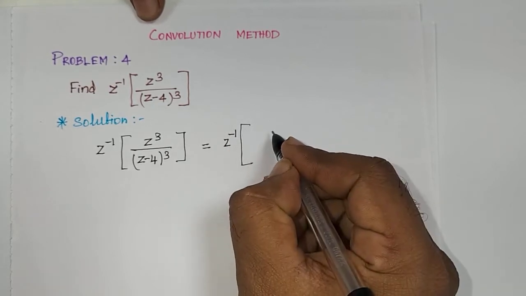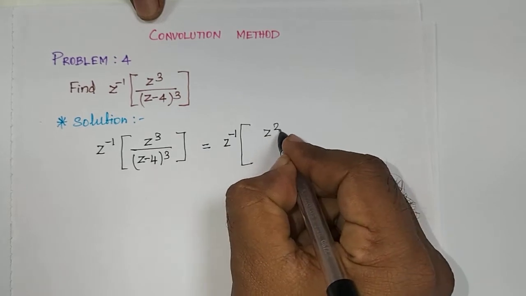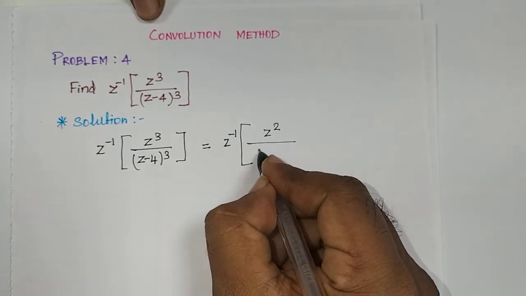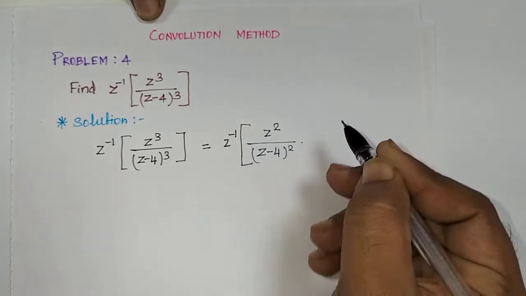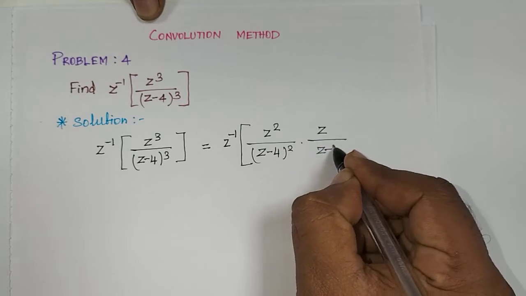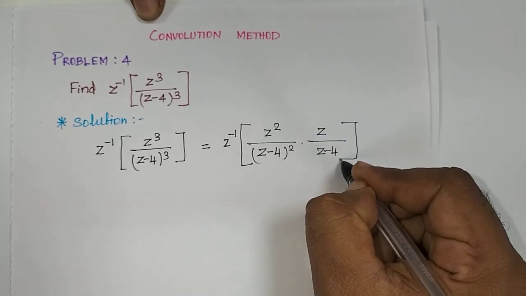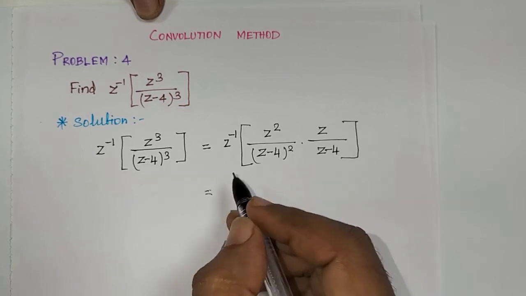So this z cube divided by z minus 4 whole cube, I am going to separate as z square divided by z minus 4 whole square, one term, and another term z divided by z minus 4. Okay. Now I am going to apply the convolution operator.